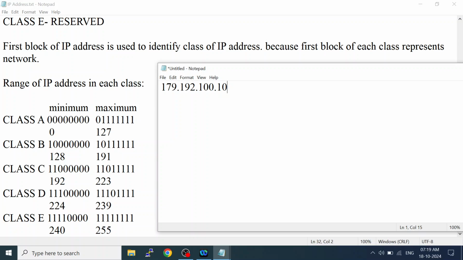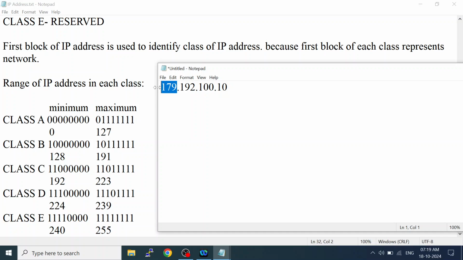Just now what I told you, we have to see only the first block. So here we have the first block. What is the value we have? 179. Where does it fit? Class B. That's it. After that, whatever values we have in the IP address, we don't need to see them when we are identifying the class.